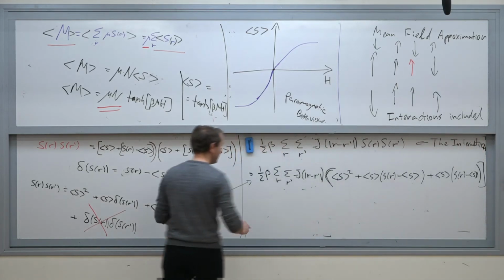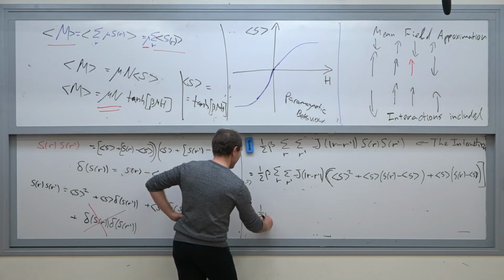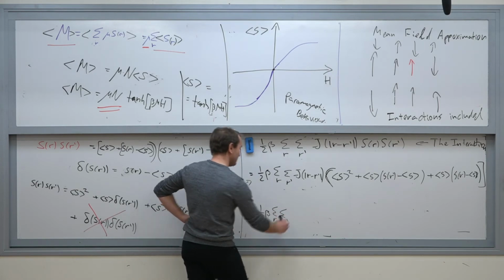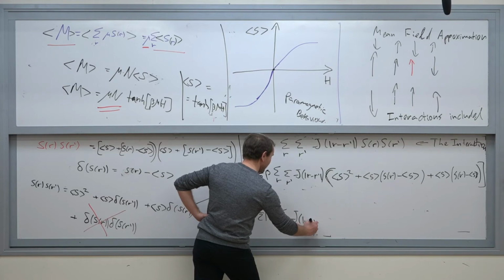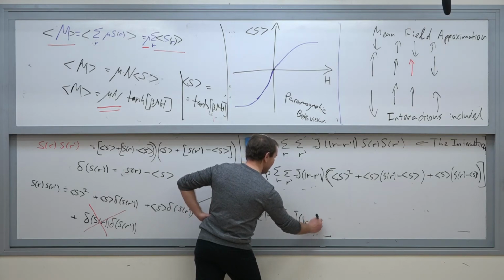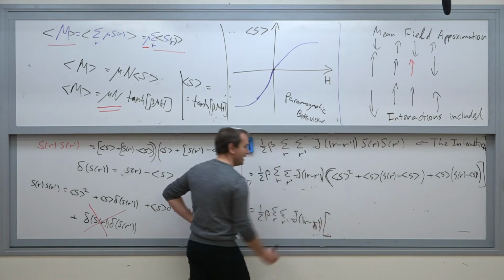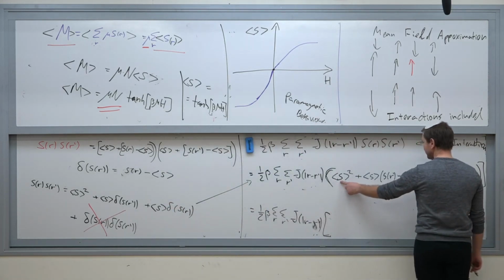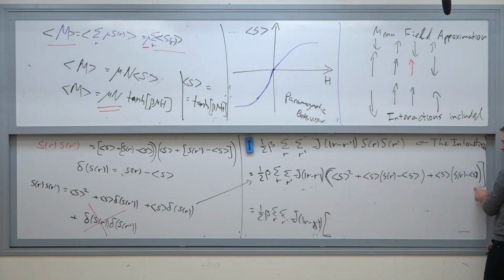Okay. Now, what can I do? I can restate it as 1/2 over beta sum over r prime, j over r minus r prime. Here I have s squared plus minus s squared minus s squared.